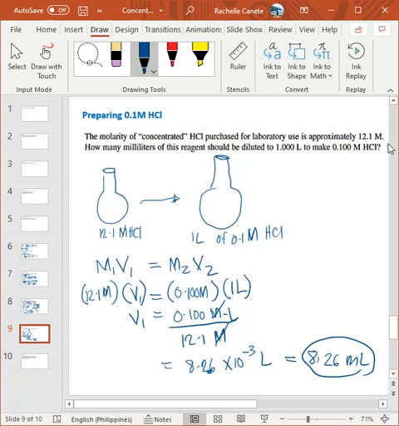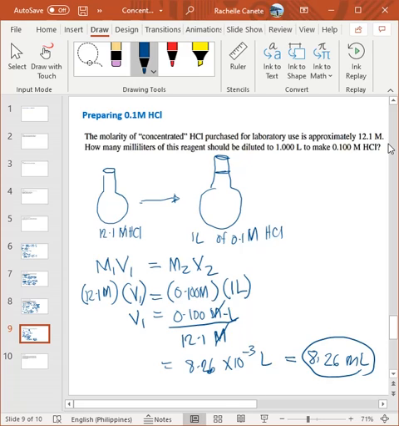Okay. So that means what you do, basically, is take 8.26 ml of this. So how do you measure 8.26 ml of that? You can use a burette, or a pipette, until it reaches 8 ml, or you can just use a micropipette directly, and you can even use a graduated cylinder.